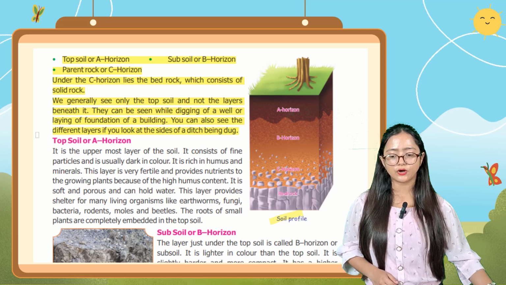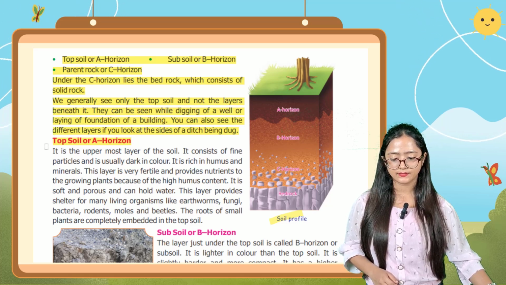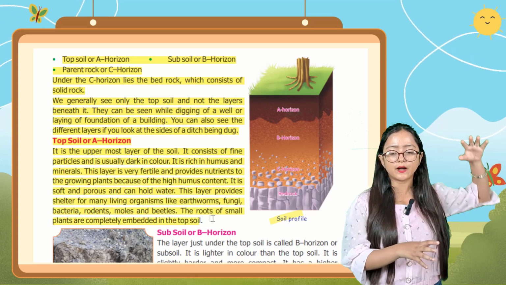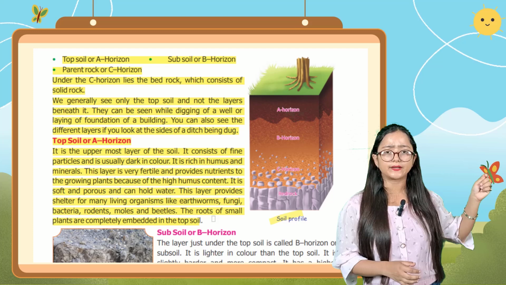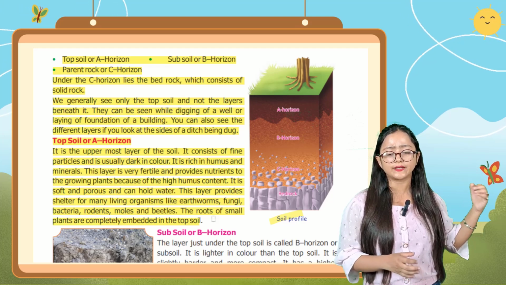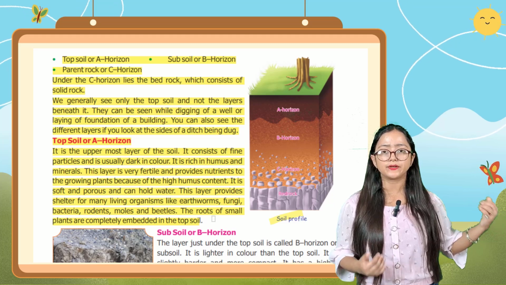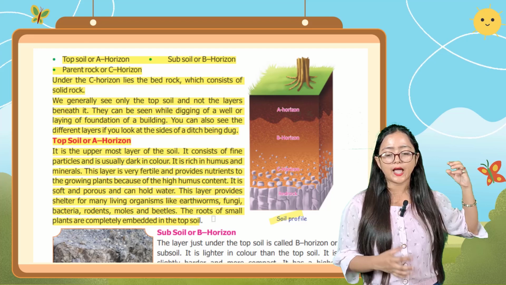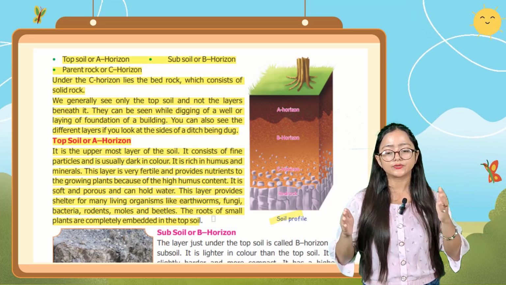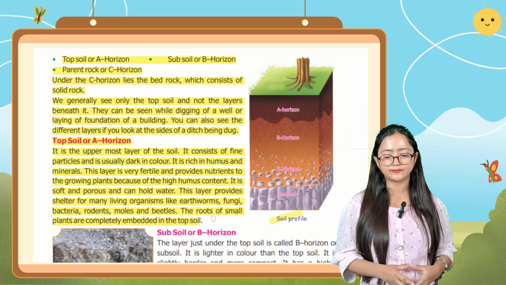The first one is topsoil or the A horizon. It is the uppermost layer of the soil. It consists of fine particles and is usually dark in color. It is rich in humus and minerals. This layer is very fertile and provides nutrients to the growing plants because of the high humus content.